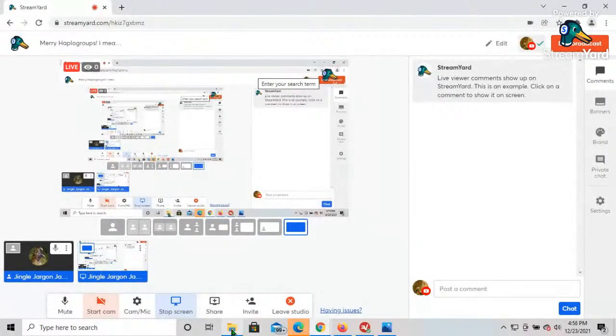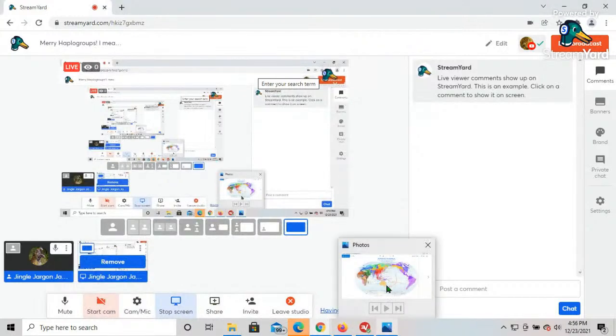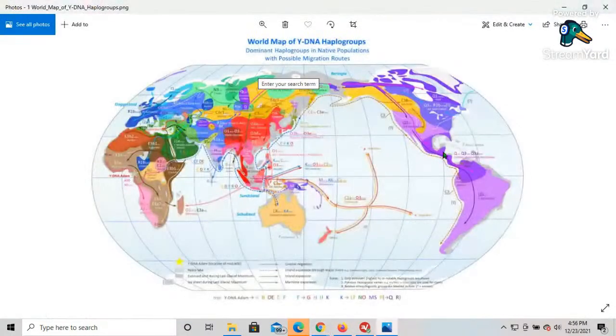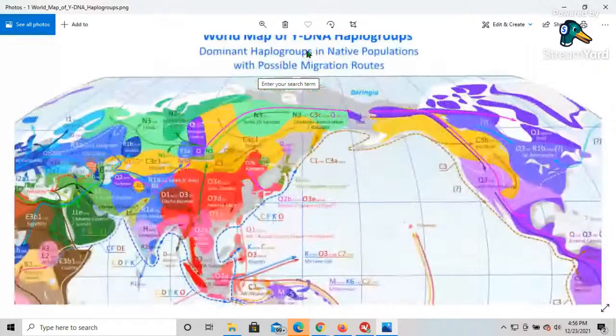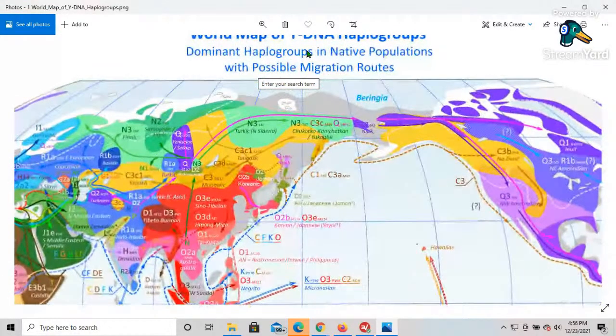Okay. Oh, not this one. I got to go here. Okay, so this is, everybody should be familiar with this map by now. It's the world map.